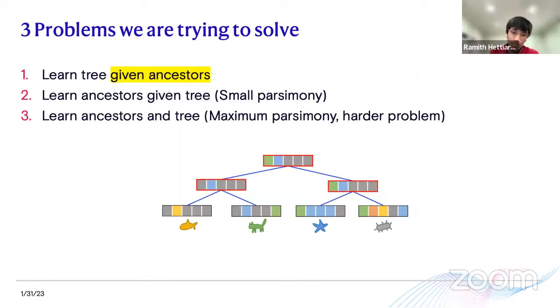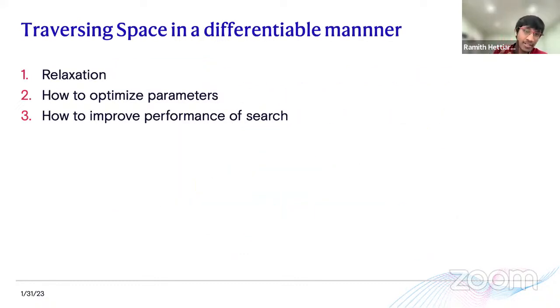So now if you want to attack this problem in a differentiable manner, we have to do a couple of things. First one is the relaxation. If we want a differentiable function, we have to work with continuous variables rather than discrete stuff.